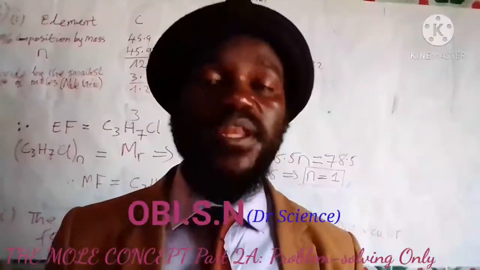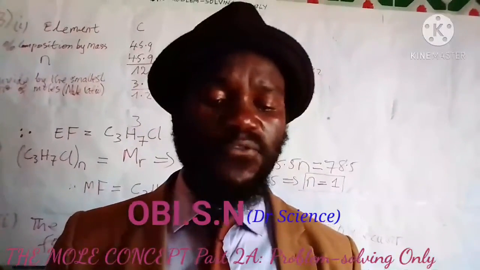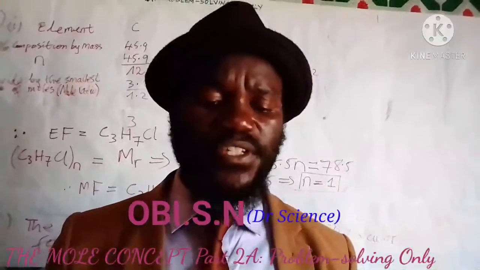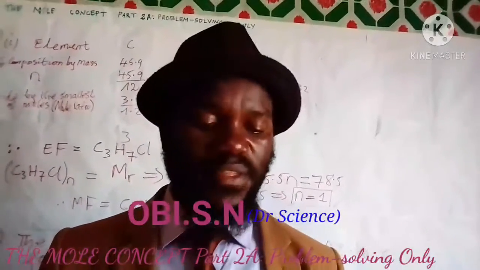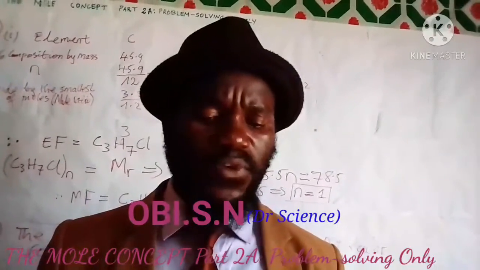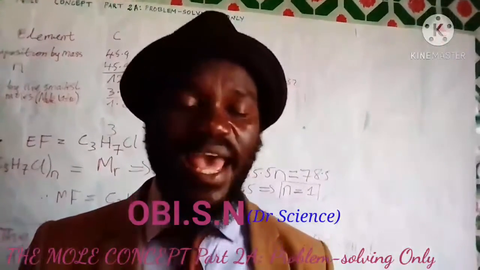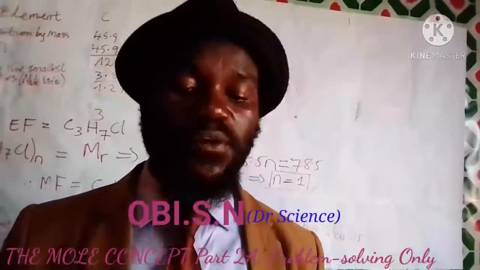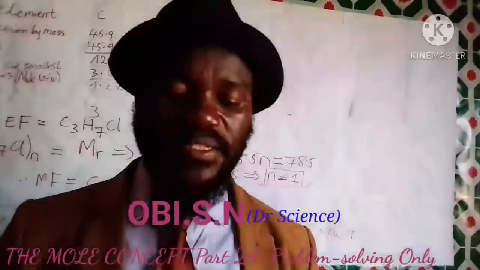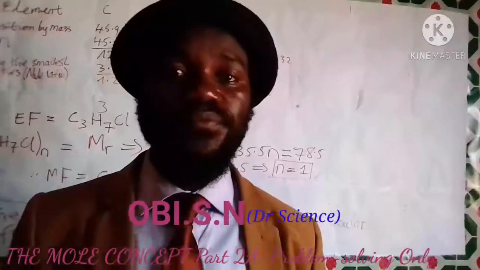Calculate the empirical formula of capital A. Small roman 2. From the reaction that produces B, deduce the molecular mass of A. Small roman 3. Deduce the molecular formula of capital A. And small roman 4. What conclusion can you draw from small roman 1 and small roman 2?